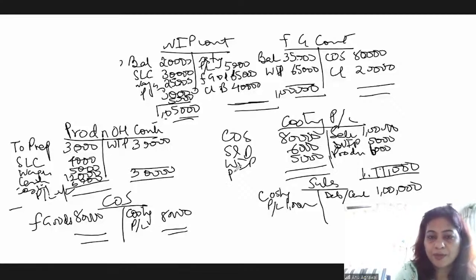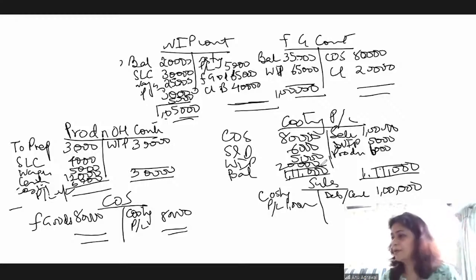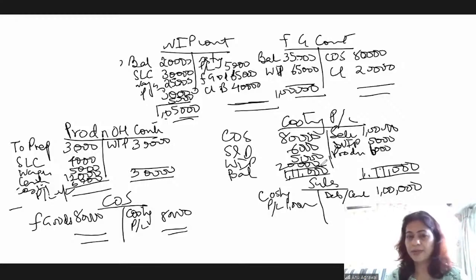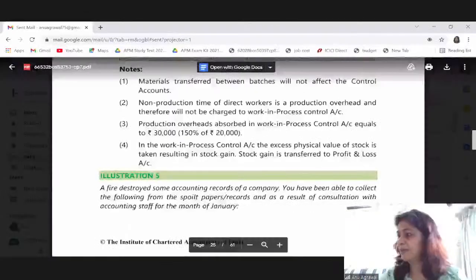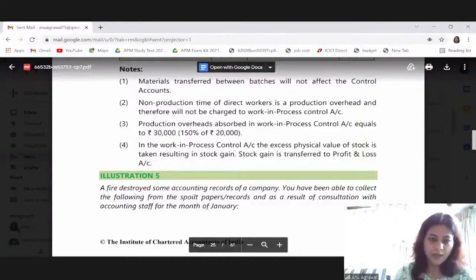So the profit or the balance will come out to be 20,000. The balance cannot be 25,000. I hope I am clear, everybody.